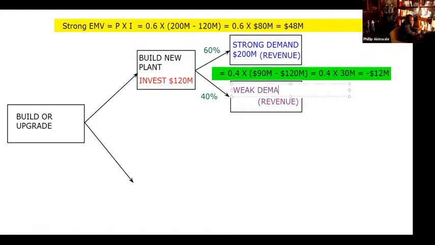Weak demand is 90 million. All right, so that is how the setup is. And at the end of the day, you get 48 million and you get minus 12 million and you add them up. So let's put that here.